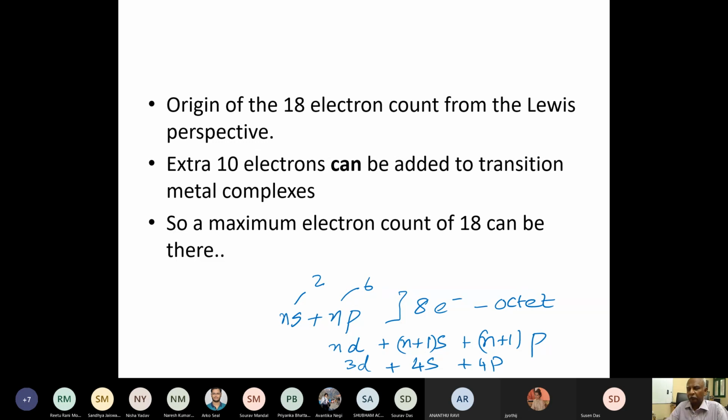So you can accommodate a total of 10 electrons in the d orbitals. And s and p can hold another 8. So the total works out to be 18. That's the origin of the 18 electron rule. You should not have any difficulty in understanding this, but I have repeated it here so that you are very clear about it.